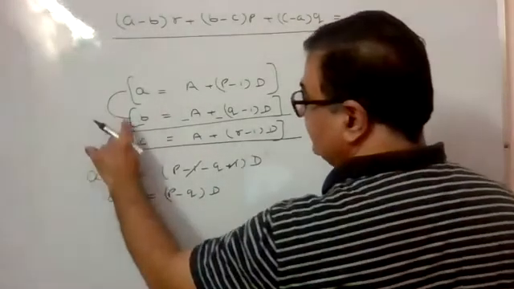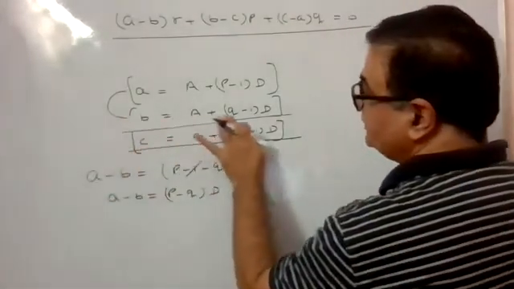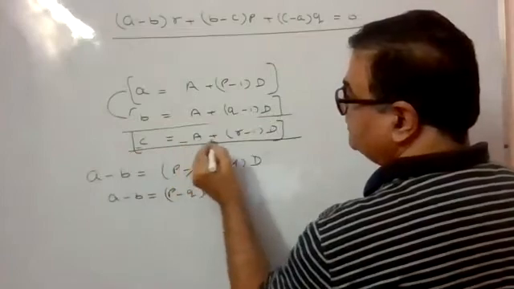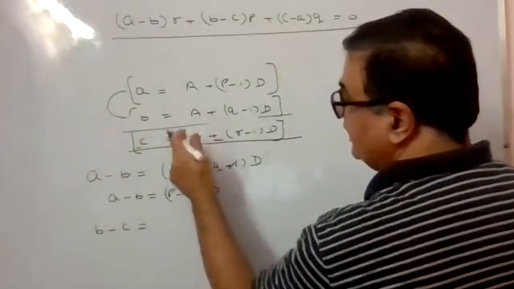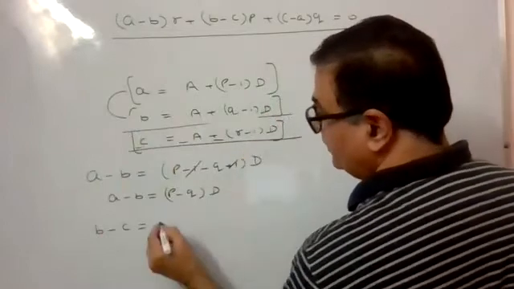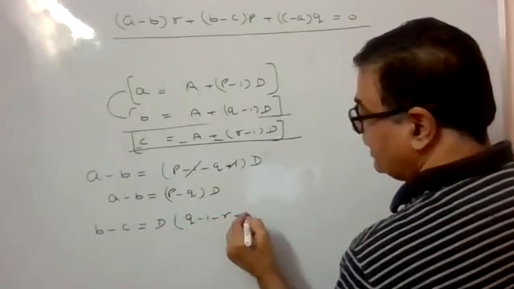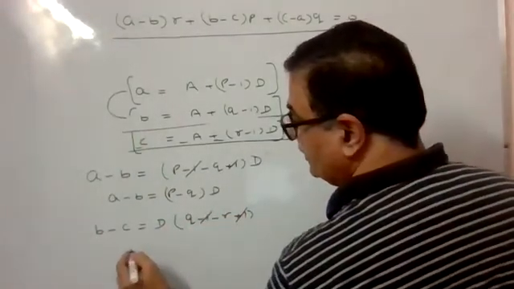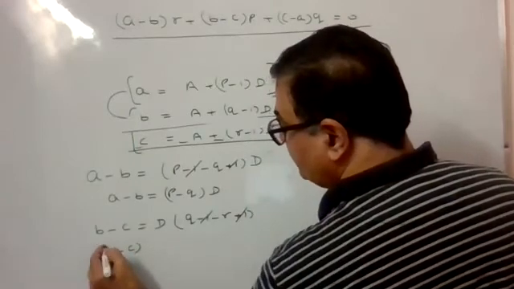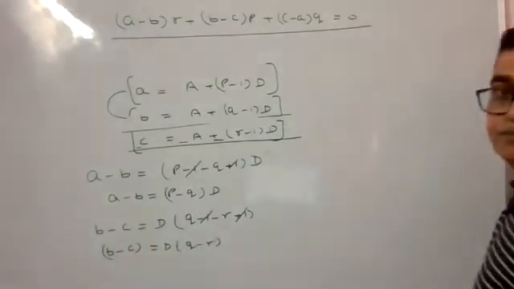Second one, take the difference of b and c. If we take the difference of b and c, what will come? b minus c will come. Here a cancels and d is common. So it will come (q minus 1 minus r plus 1), then 1 also cancels out. So the second condition I got, b minus c is d times (q minus r).